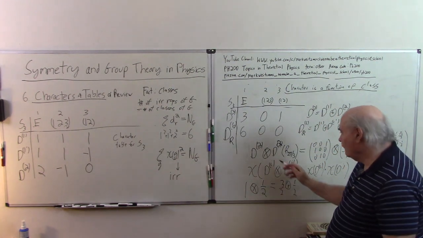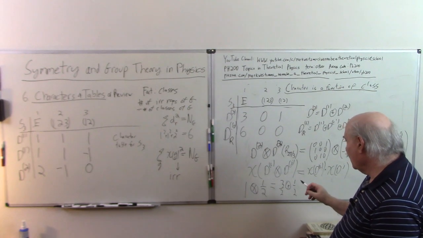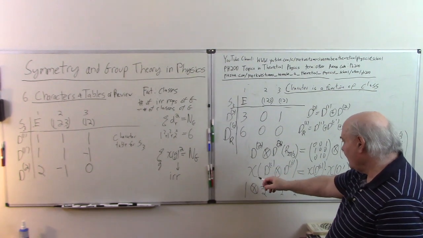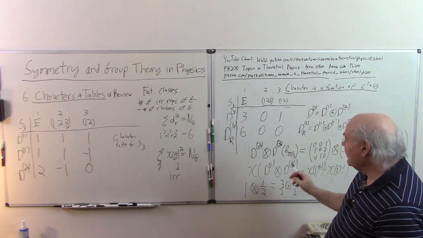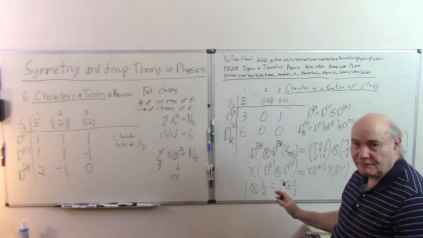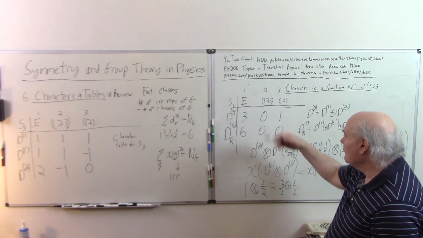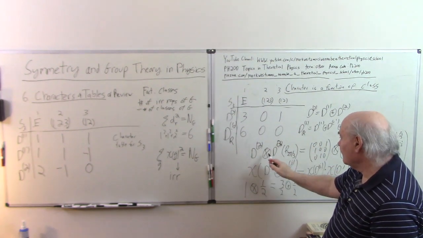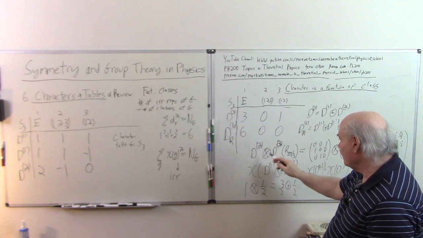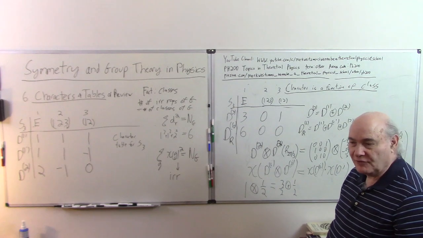So this is related to what's called Clebsch-Gordan coefficients, and we'll use this more, but just remember for right now that, keeping the group the same, there's another thing called the direct product of groups. We're not doing that. We're doing the direct product of representations. The group is the same, and we're taking the direct product of the matrices that represent the group elements, and we get the characters multiply.